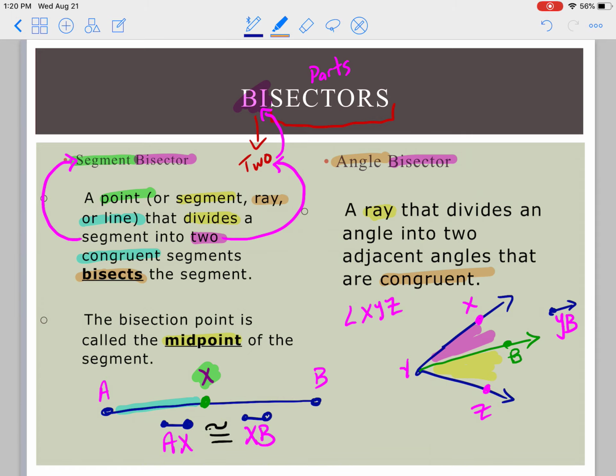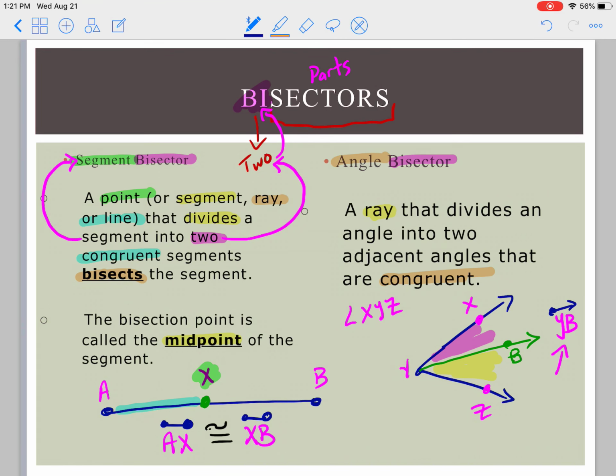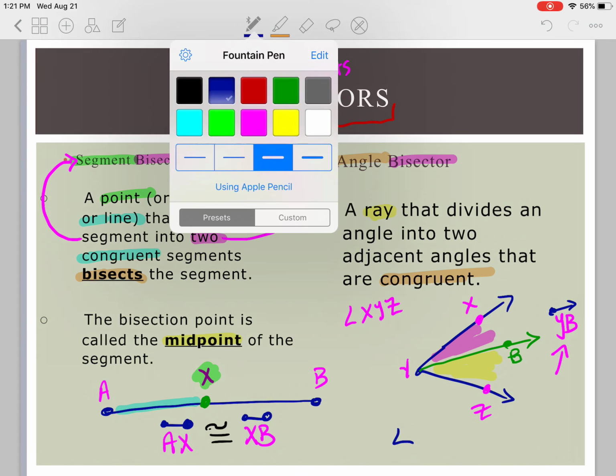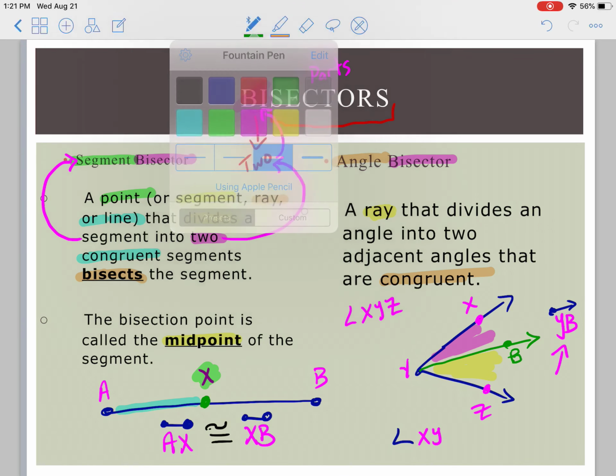So in order for us to consider ray YB a bisector, it must have the two adjacent angles, and in this case it is angle XYB.